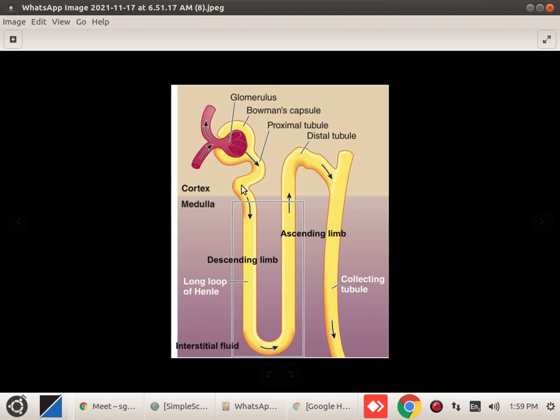The Bowman's capsule, a little bit of the PCT, and the distal convoluted tubule. Which part of the nephron is located in the medulla of the kidney? Mainly the loop of Henle.